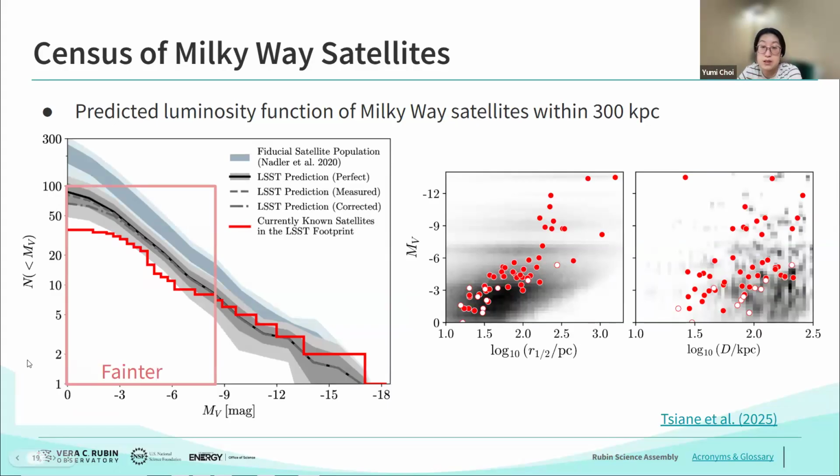So one example is shown in this plot as a blue band, the model from Nadler et al. 2020. So having a complete census of Milky Way satellites, especially in the fainter end highlighted here, is crucial, where the model prediction and the current discovery have the biggest difference.